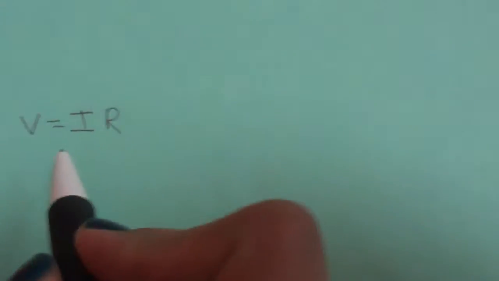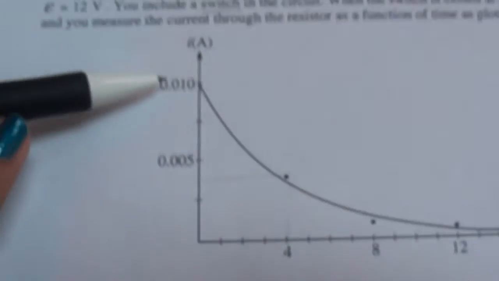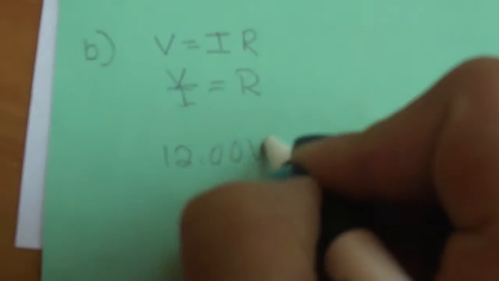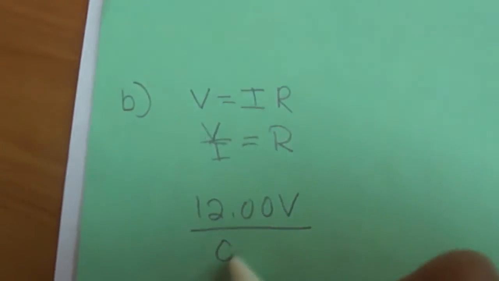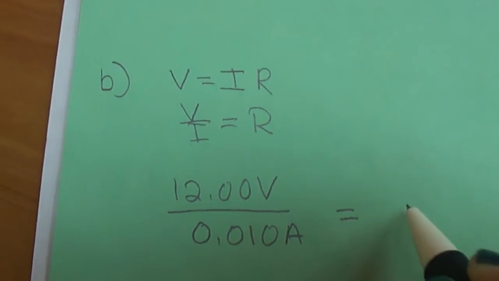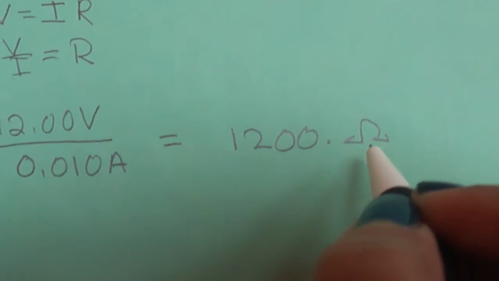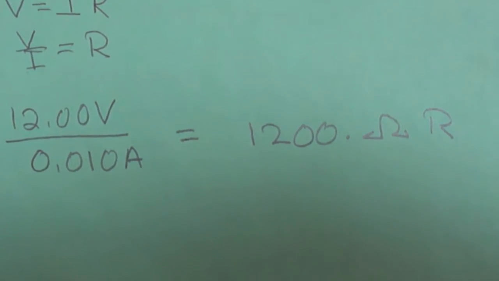And we're looking for R, so V over I equals R. Now, you may be confused about what I to use, but you always use the I that you started off with. So, plug that in. We have 12.00 volts divided by 0.010 amperes. And that gives us 1200 ohms of resistance.